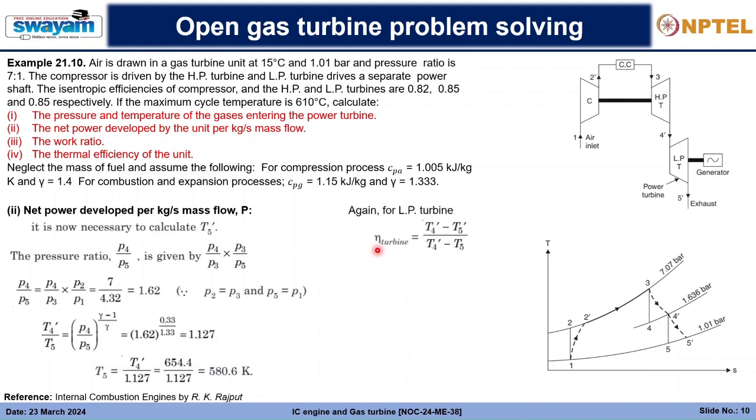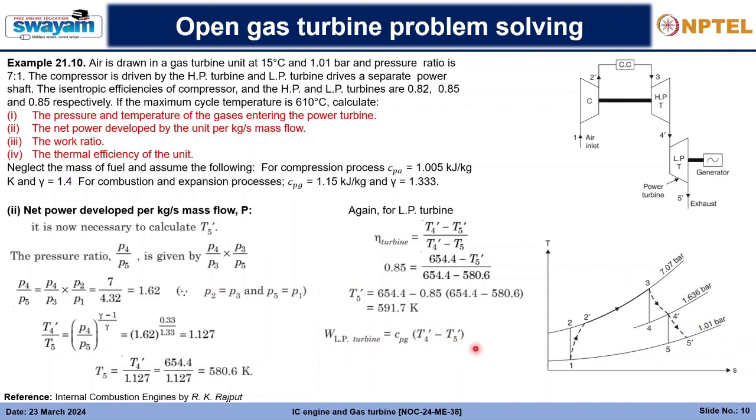Then for the low pressure turbine, we will use the isentropic efficiency, and from that we will get the value of T5 dash, which is 591.7 Kelvin. Next, we will calculate the work done by the low pressure turbine, that is Cpg into T4 dash minus T5 dash, and it will amount to 72.1 kilojoule per kg.